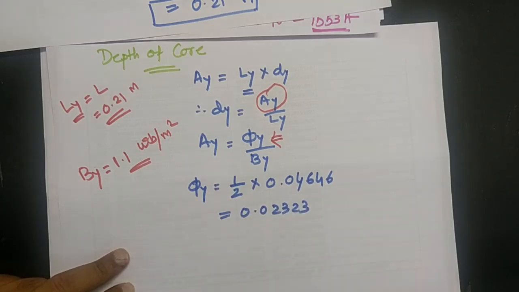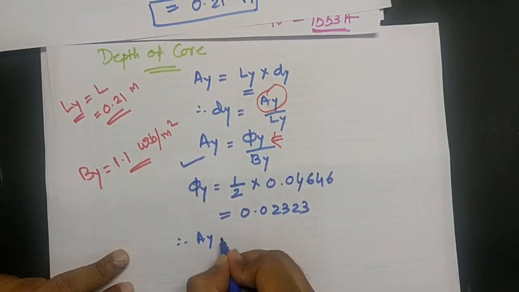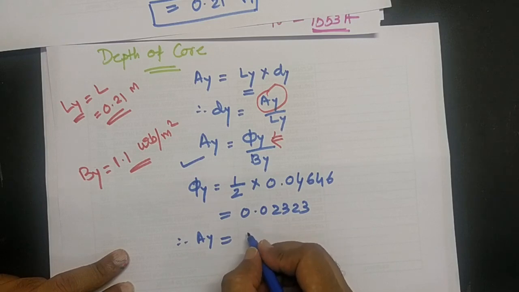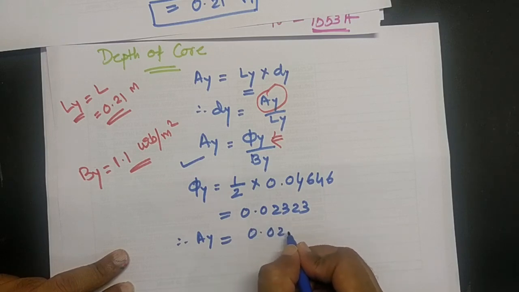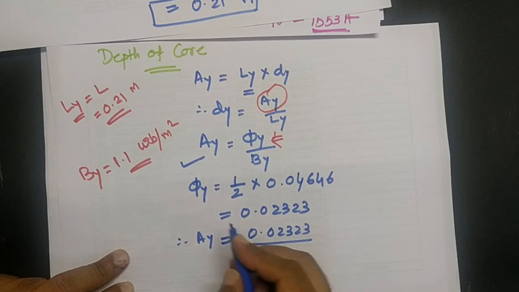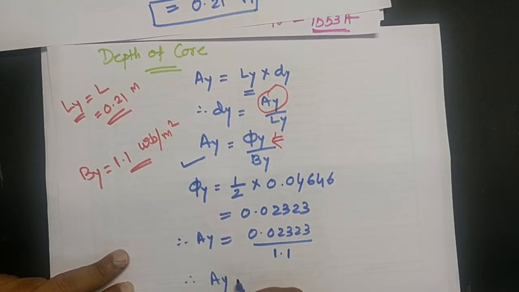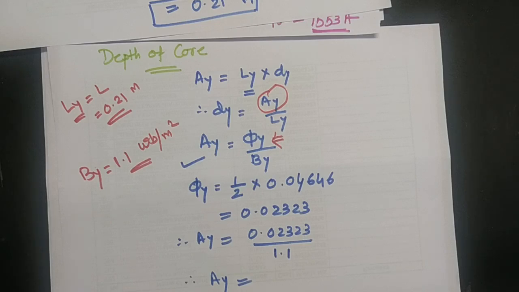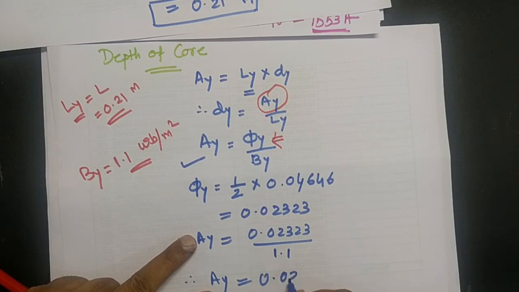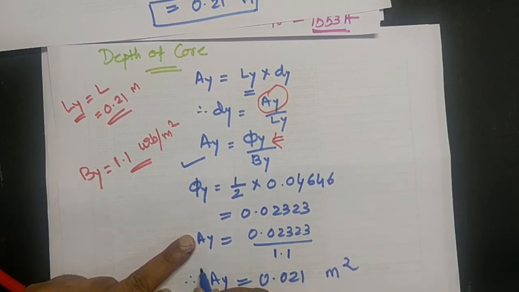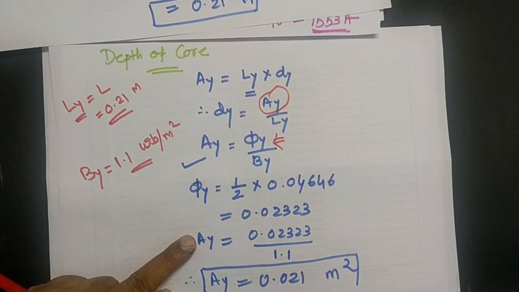Now using this equation we can calculate the area of the yoke: 0.02323 divided by the flux density we assumed, 1.1, so the area of the yoke comes to 0.021 meter square.